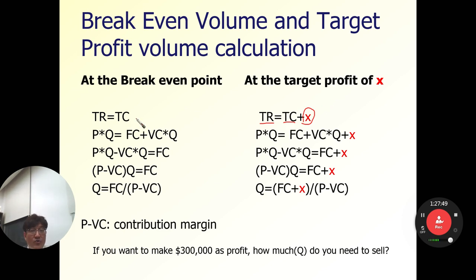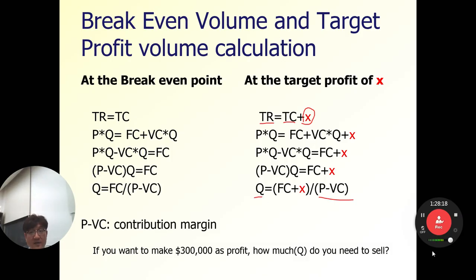Then all you need to do is add the target profit on the right-hand side. Then what is going to be the target profit quantity? All you need to do is add that profit amount to the fixed cost in the numerator, divided by the same contribution margin. Then you will calculate the target profit quantity.